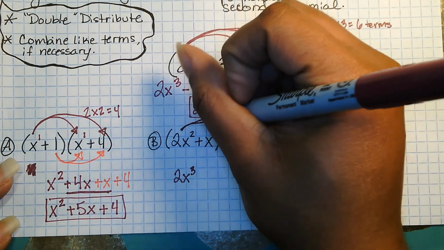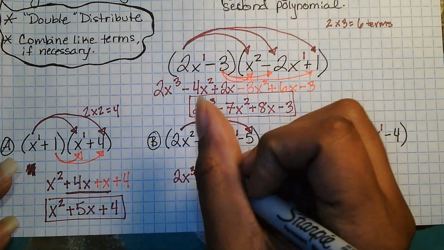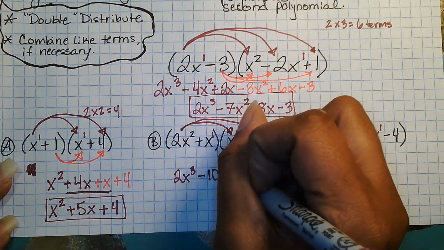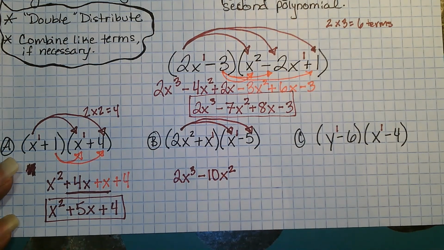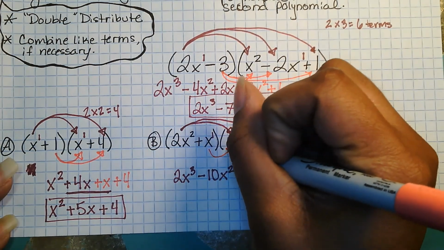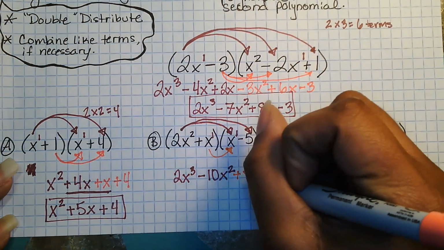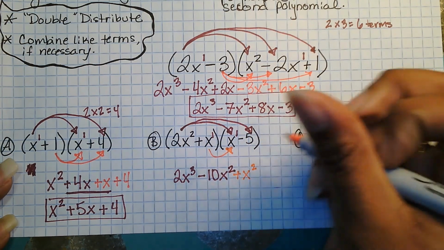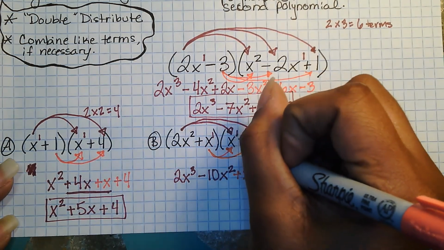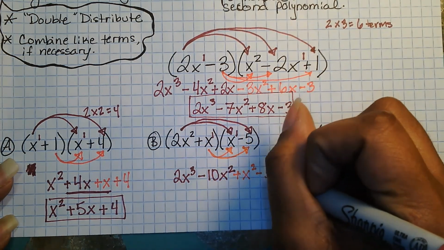And we also have to do 2x squared times negative 5, which gives us a negative 10x squared. All right, so that's the first half. Now let's multiply the second half. X times x is a positive x squared. The square came from 1 plus 1. And then x times negative 5 is negative 5x.